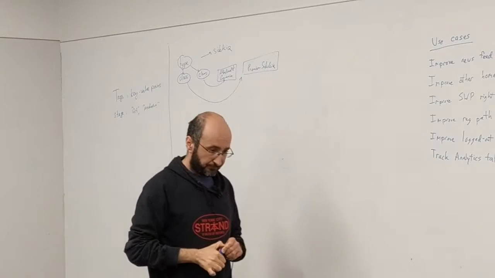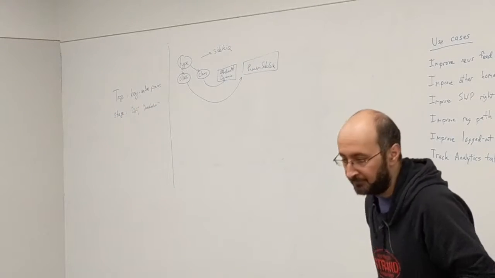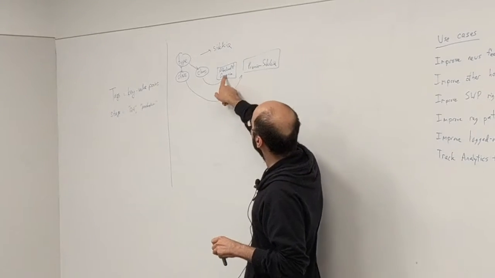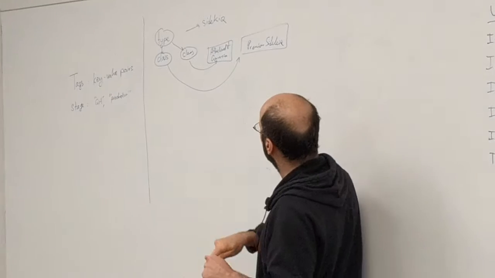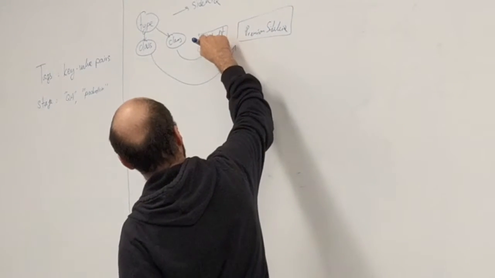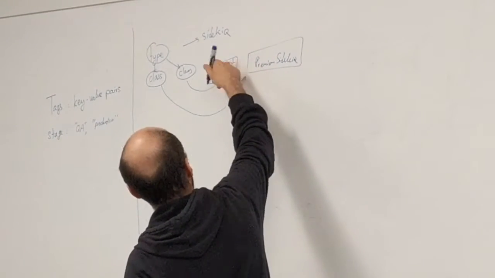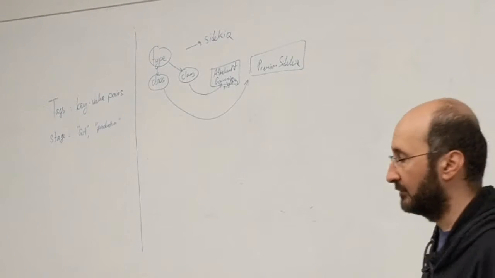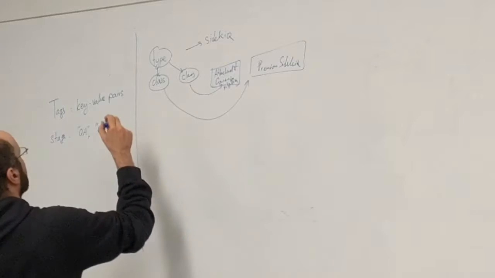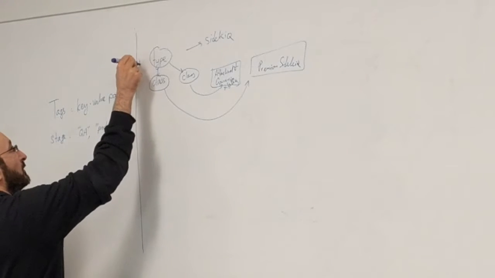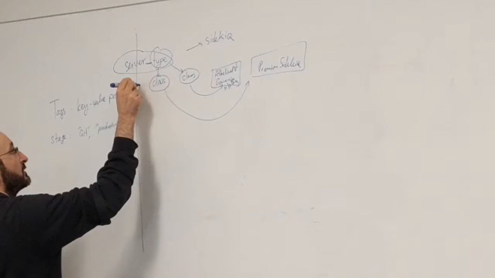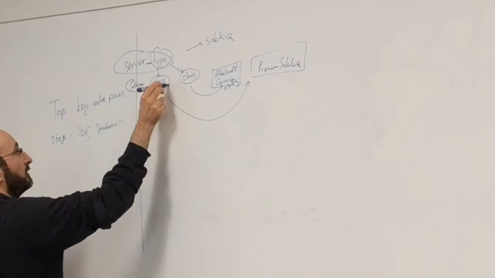So this says attachment conversion, and this says premium sidekick. So this should say attachment conversion sidekick. But the type is going to be server_type, server_class.